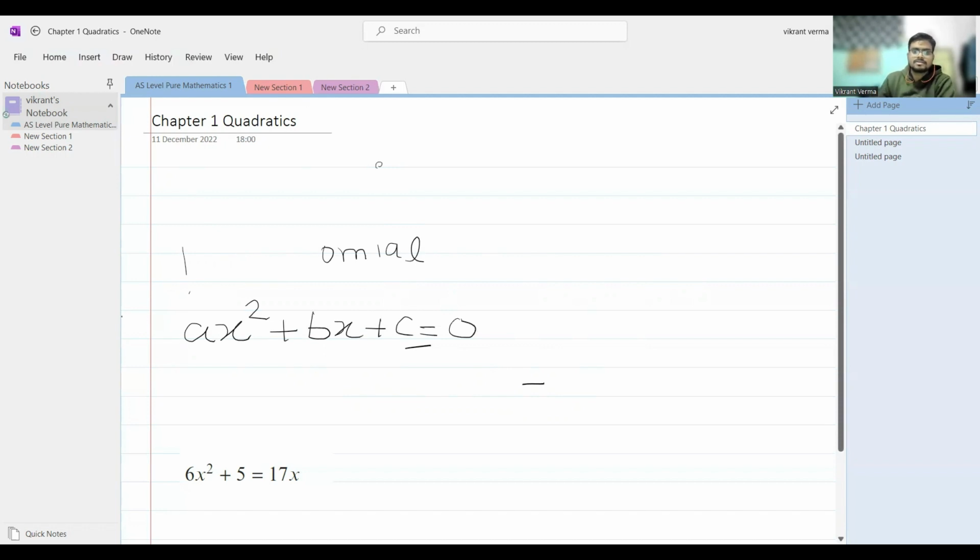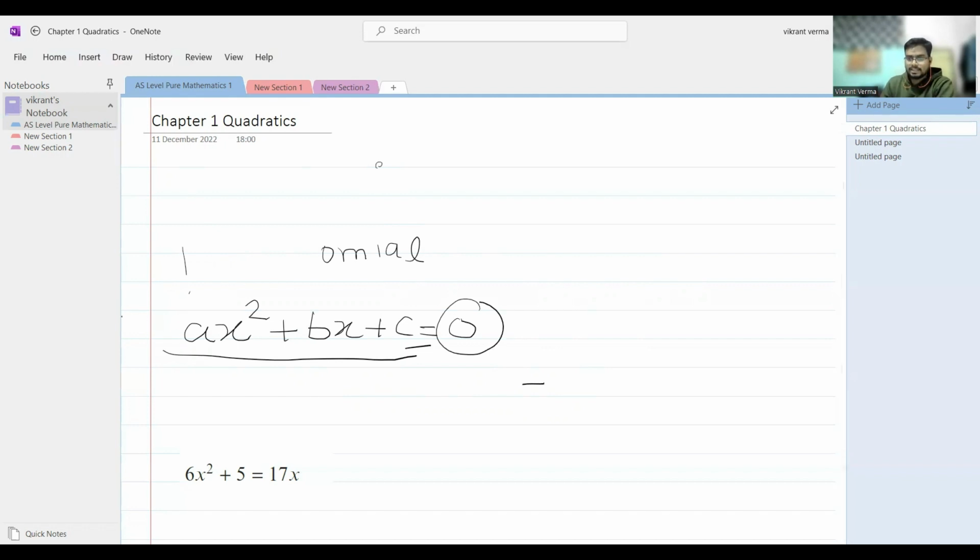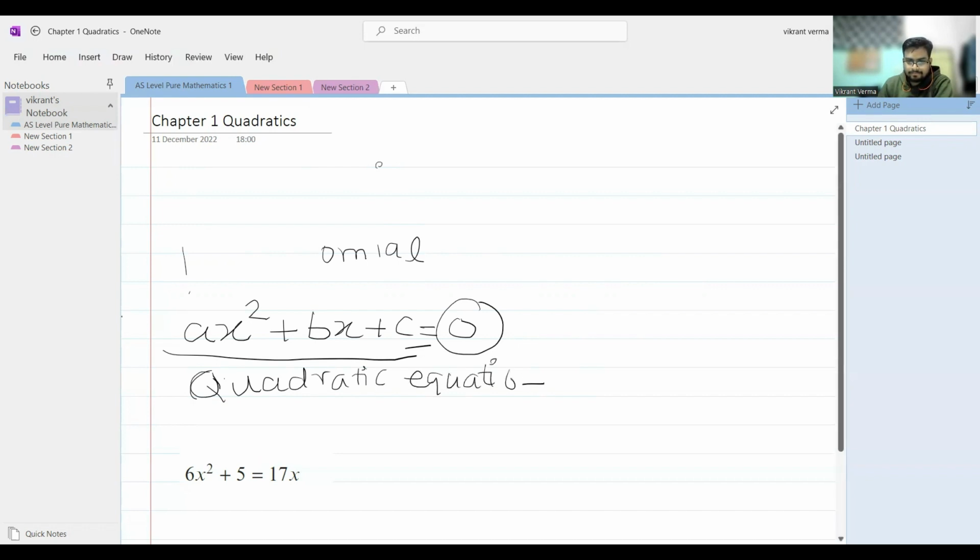Since this expression, ax square plus bx plus c, is now equated to something, it is equated to 0, it is no longer an expression. It has become a quadratic equation, because it is equated to something.